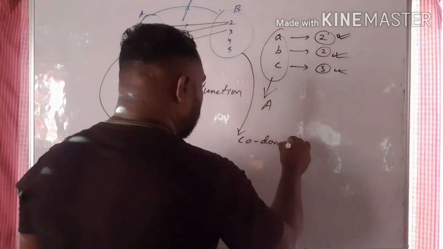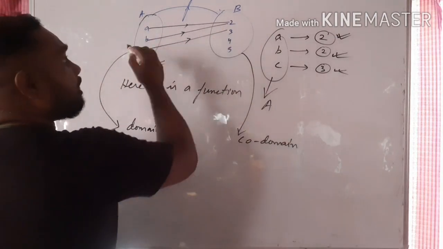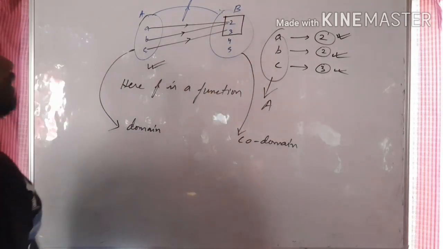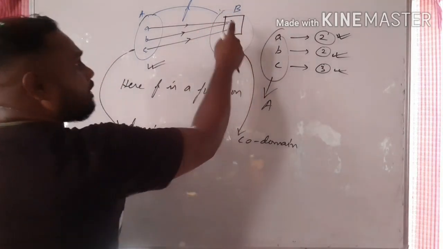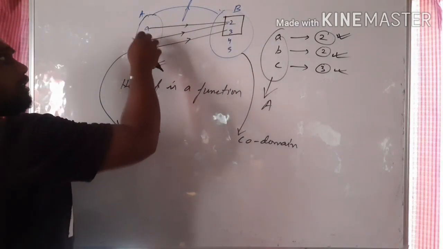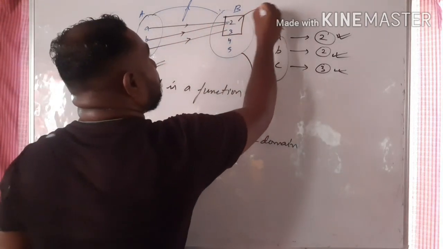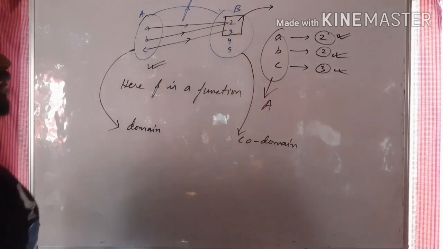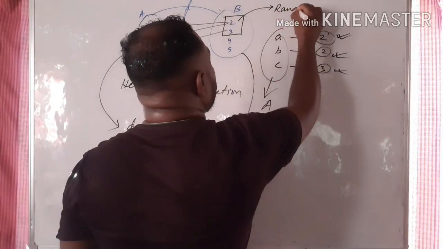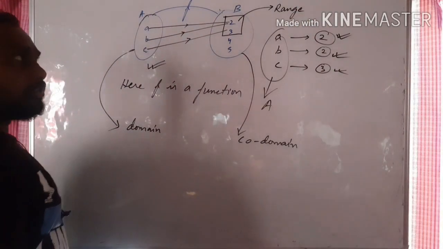Those elements in B which are related to the elements of the first set will constitute the range of f, the range of the function.